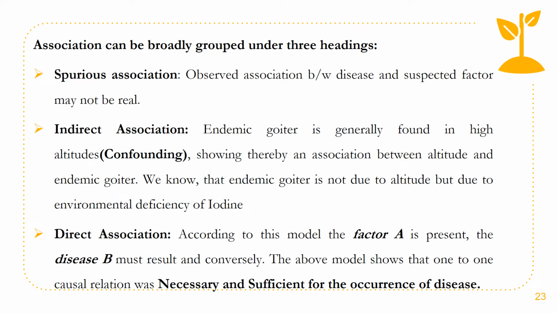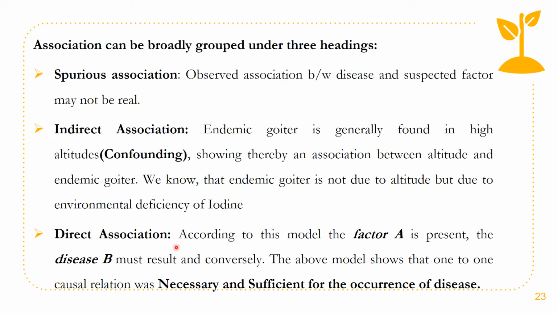The indirect association. Endemic goiter is generally found in high altitudes, but the cause for endemic goiter is due to iodine deficiency. But we think those who are living in high altitudes have endemic goiter. So that is indirect association because of confounding factor.